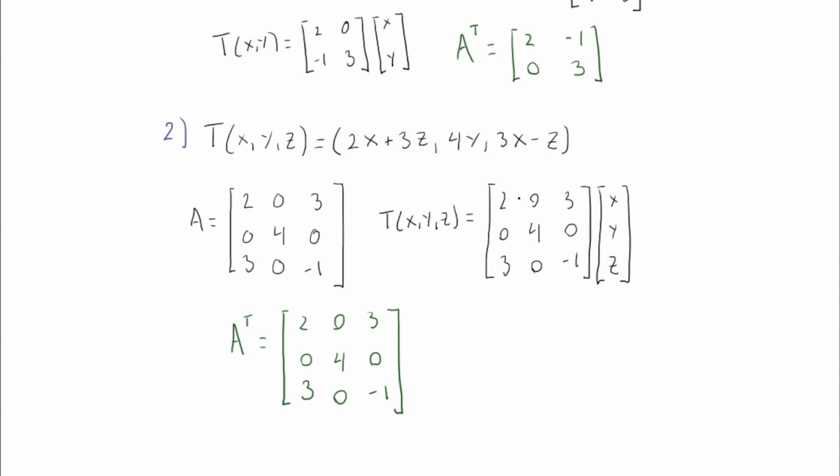It's a symmetric matrix. You can see it's symmetric because if you reflect your matrix along this diagonal, if you reflect the numbers, it doesn't change the matrix. Okay? So it's a symmetric matrix, which means that this is a symmetric linear map.